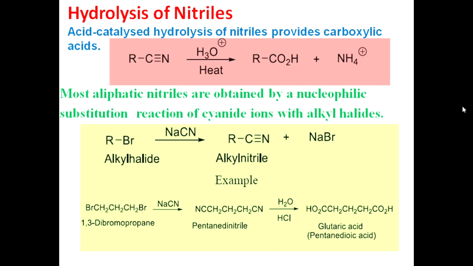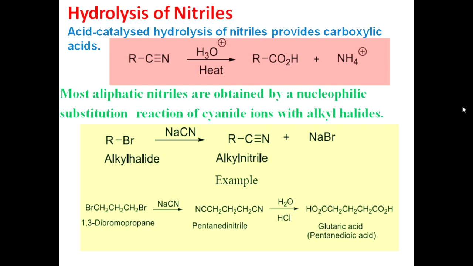Now, the next method for the preparation of carboxylic acid is hydrolysis of nitriles. So, when nitriles undergo acid catalyzed hydrolysis, they will give the carboxylic acid as a product.